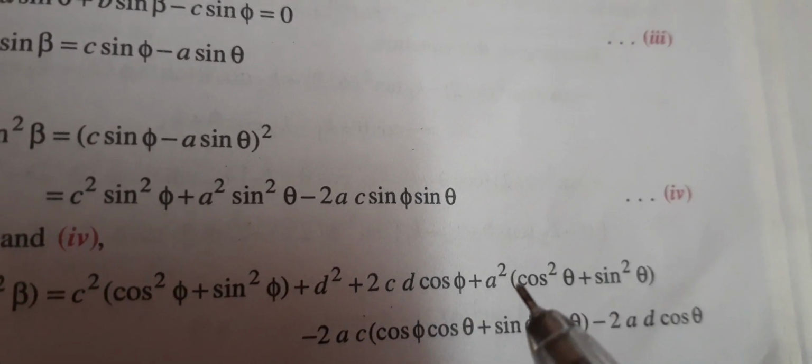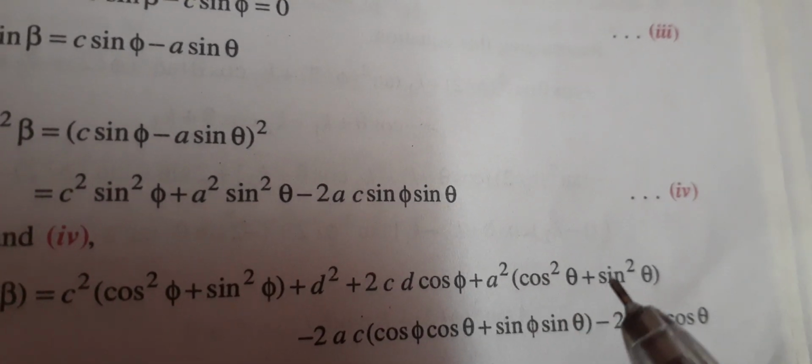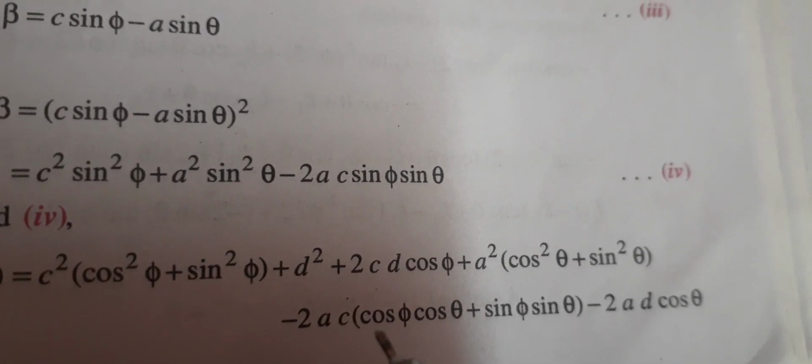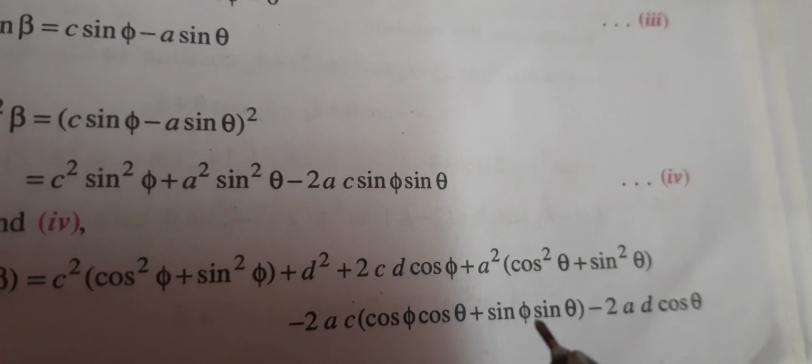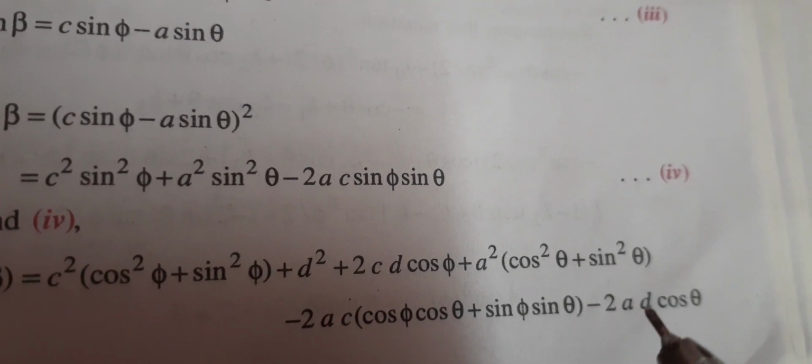So we form the equation b square into (cos square theta plus sin square theta) is equal to c square (cos square phi plus sin square phi) plus d square plus 2cd cos phi plus a square (cos square theta plus sin square theta) minus 2ac (cos phi cos theta plus sin phi sin theta) minus 2ad cos theta.